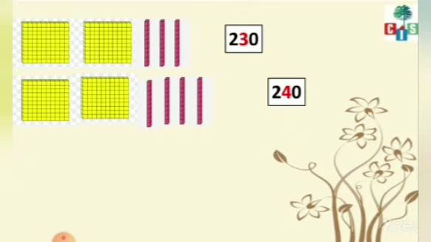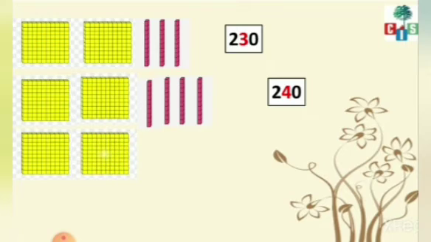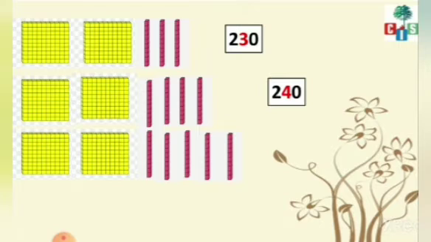Now let's move to the next. 1, 2. It's a block of 100. So there are two blocks of 100. And after 100, let's see tens. 1, 2, 3, 4, 5. So after 240, my answer will be 250.